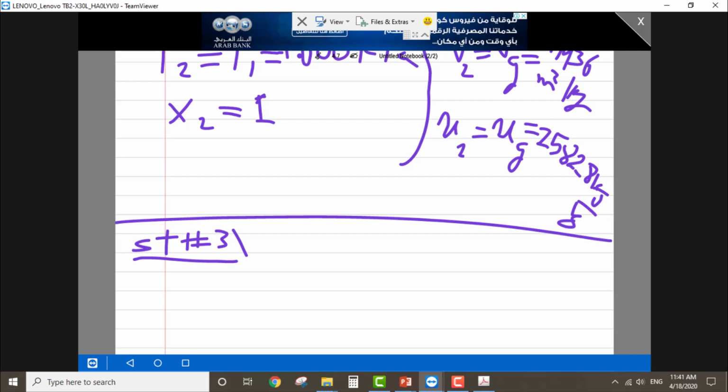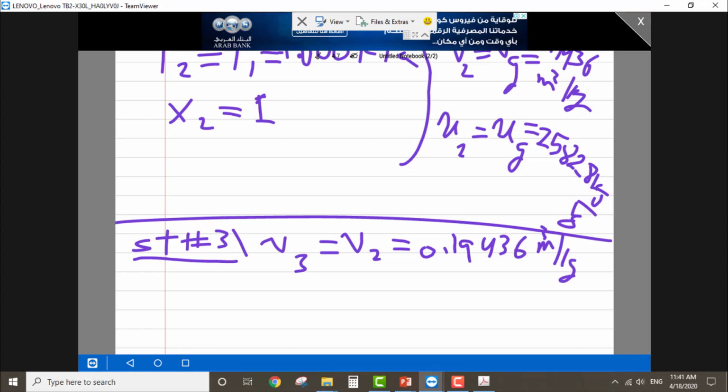We have V2. So this process is cooling, but at a constant volume. So V3 equal V2, and it's equal to 0.19436 meter cube per kilogram.